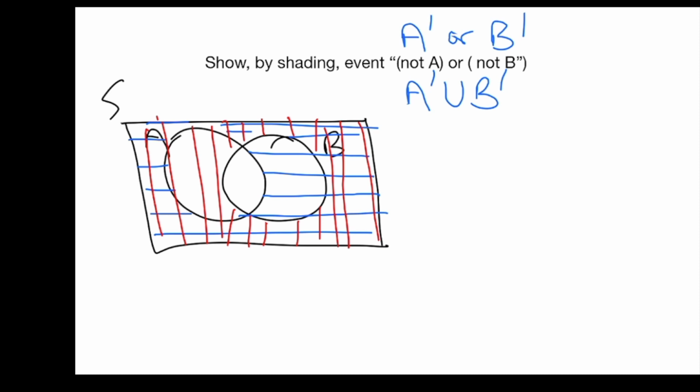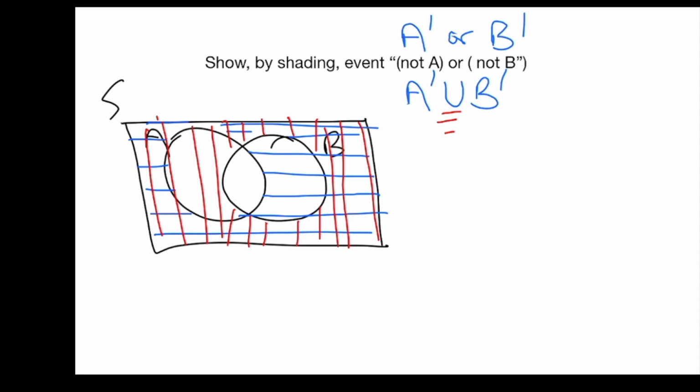Good. We are looking for union. Union means put them together. The outcomes of A complement and the outcomes of B complement should be put together. You should bring them together to form a union, which means in this case, everything that we see that is shaded is actually our answer because we are just combining them. We are not looking for the common region only, we are combining them.